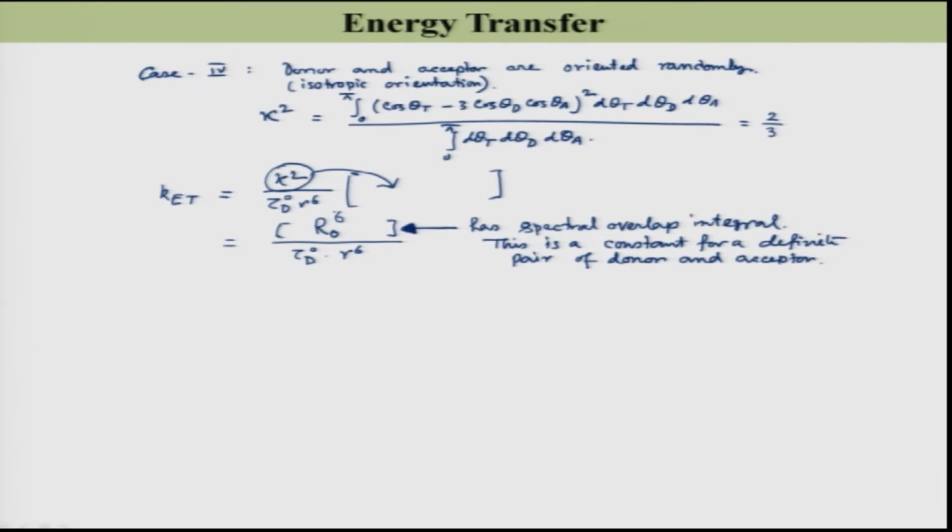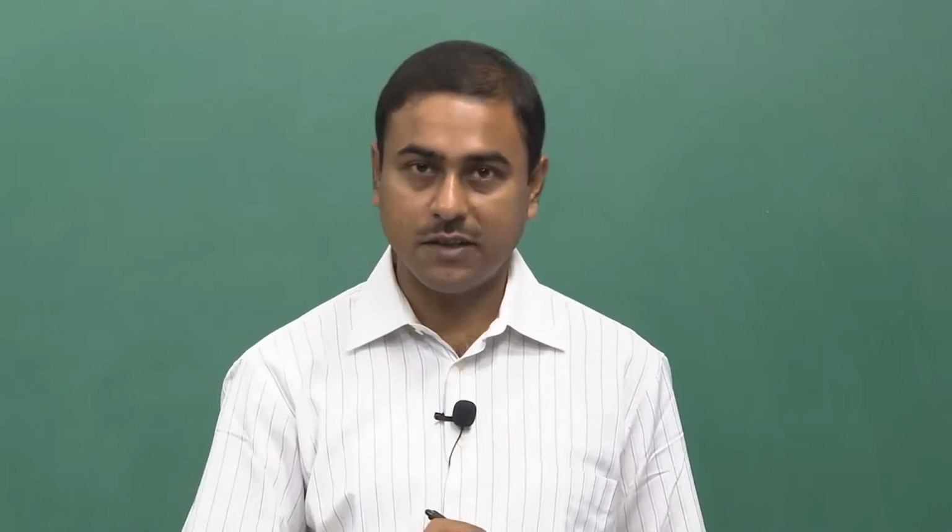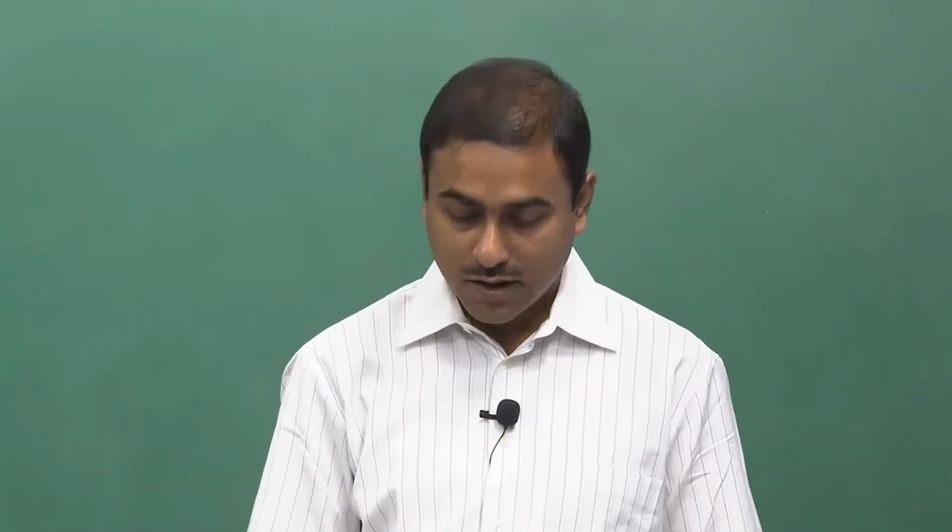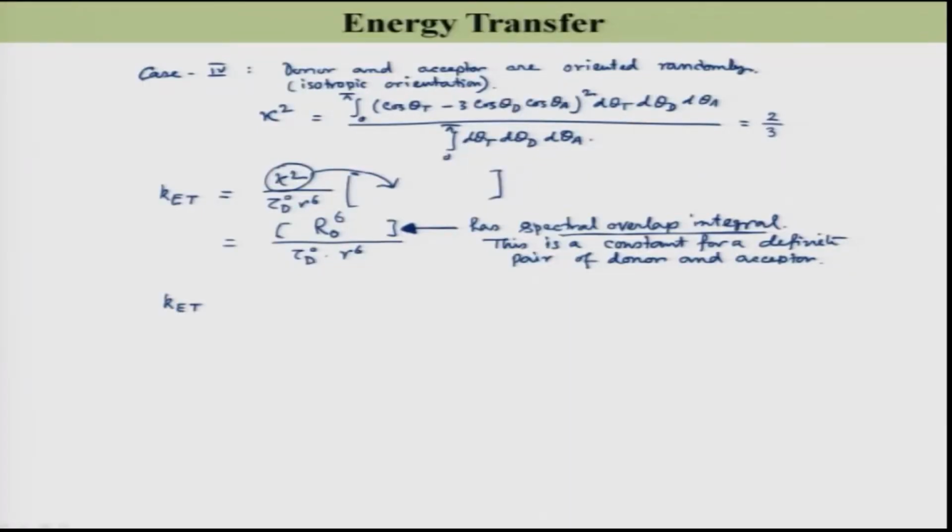And if you know this overlap integral between this donor and acceptor, and from the expression of this quantity over here, you will be able to calculate the value of R 0, and that value of R 0 is fixed for a definite donor and acceptor. So, the final equation will be k E t is equal to 1 over tau d 0 times R 0 by R to the power 6, and that particular constant R 0 is known as the Forster distance.